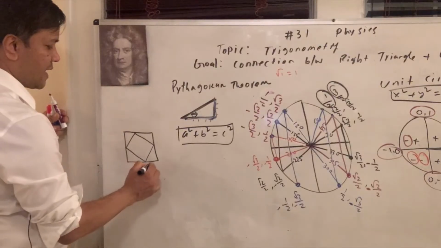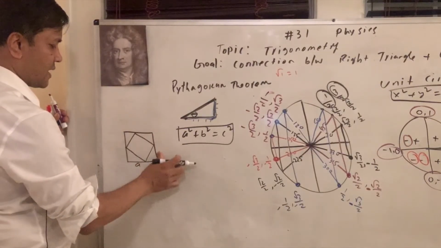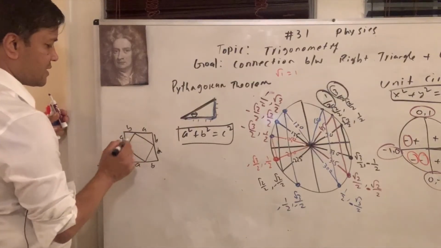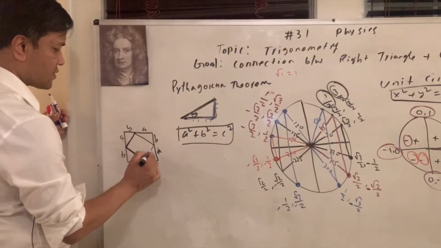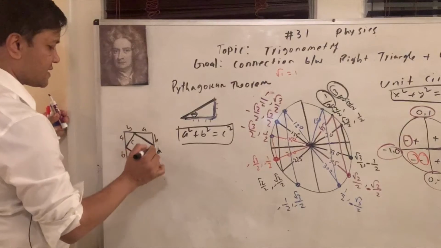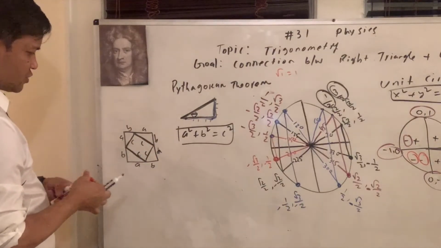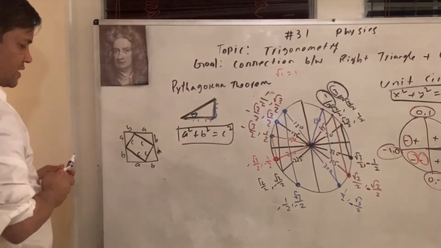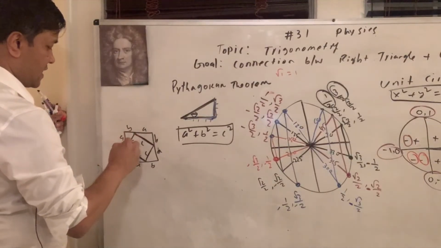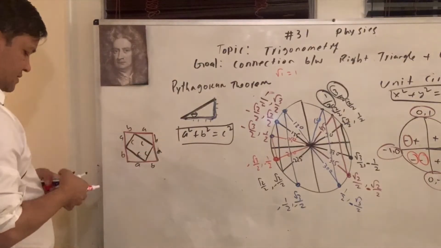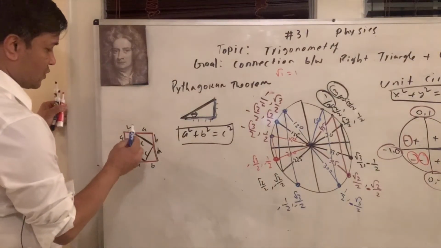all right. So A B C, A B, A B, and this is a square. So this is C, C, C and C. Now I have two squares. I have a square outside, which is red. I have a square inside, which is blue.